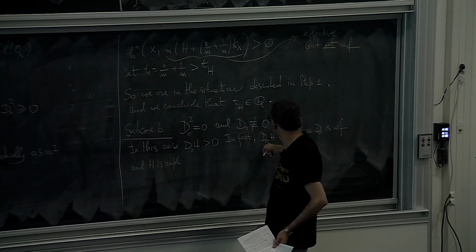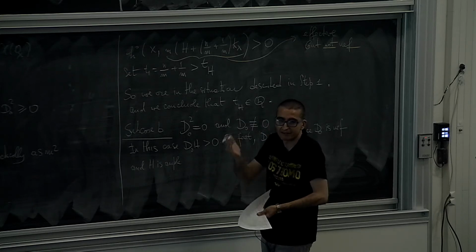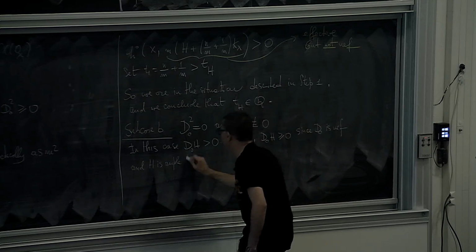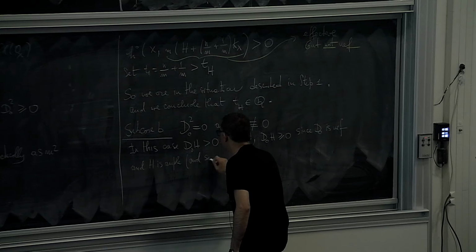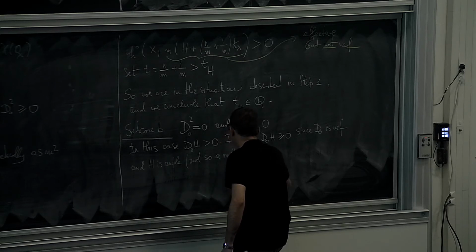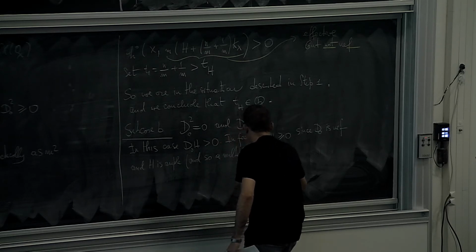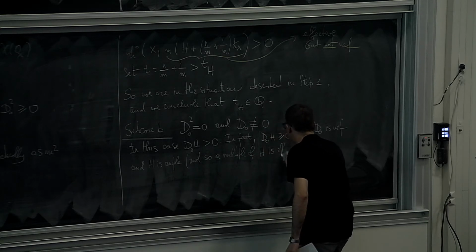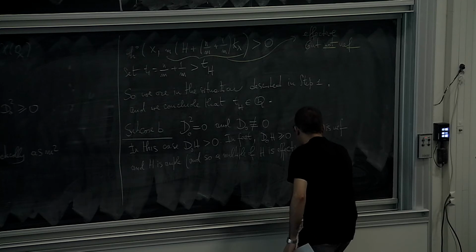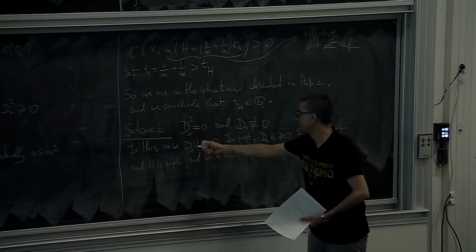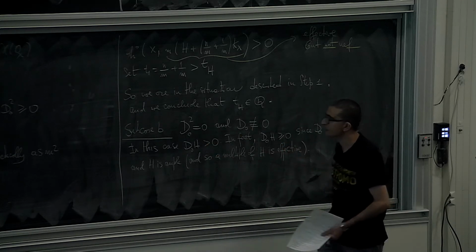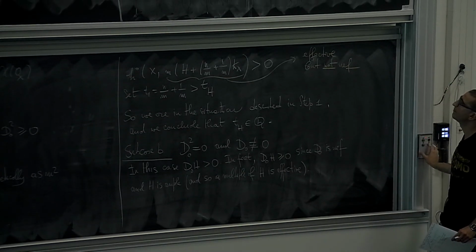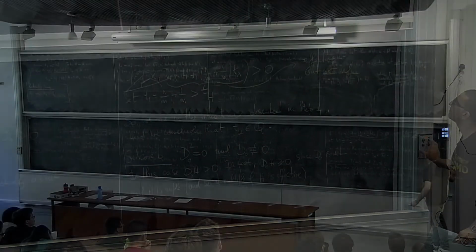Since this is nef, it must intersect non-negatively every effective class. Now I have to show that d0h equal to 0 is impossible. This is a consequence of the Hodge index theorem.